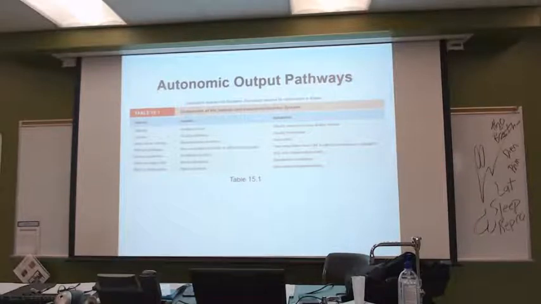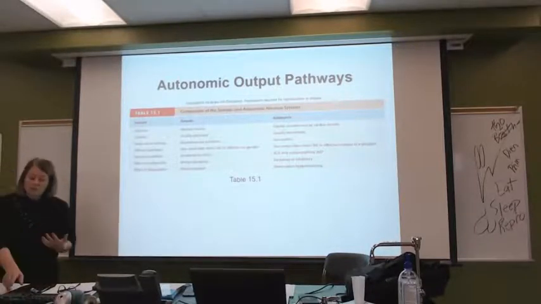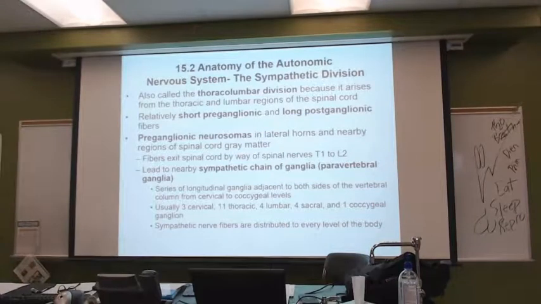So the neurotransmitters that are now going to be present can either be excitatory or inhibitory, because for these target cells we need to either excite them or inhibit them. So our neurotransmitters are going to be able to do that.